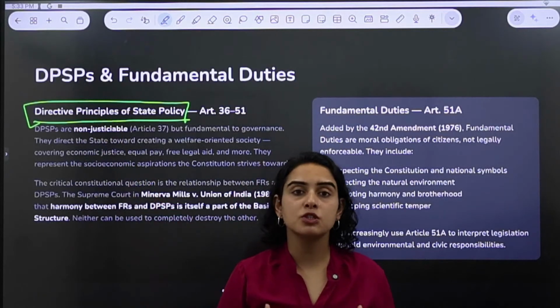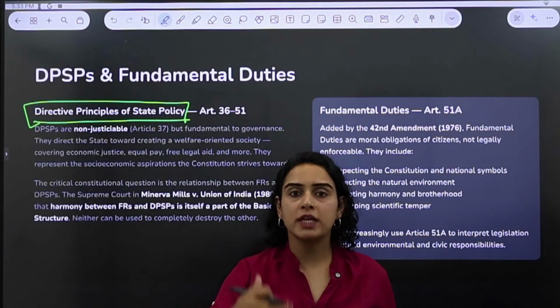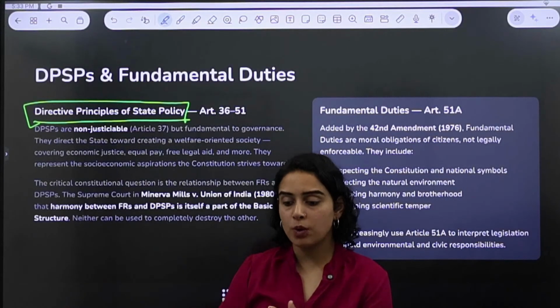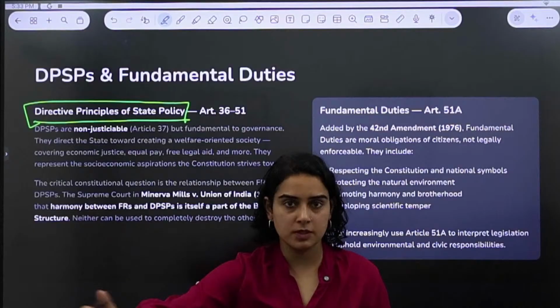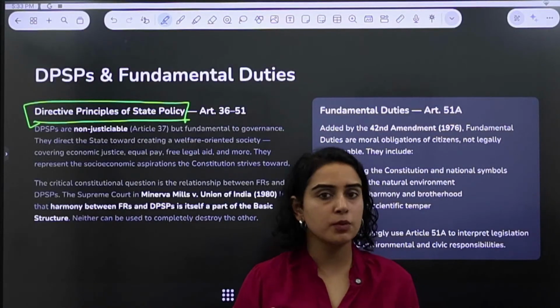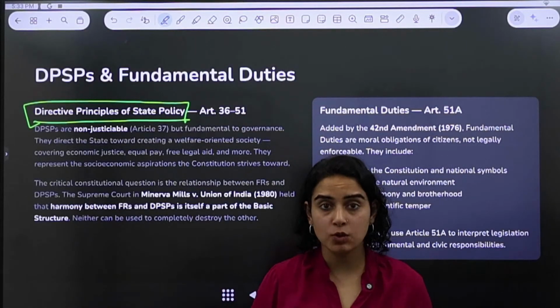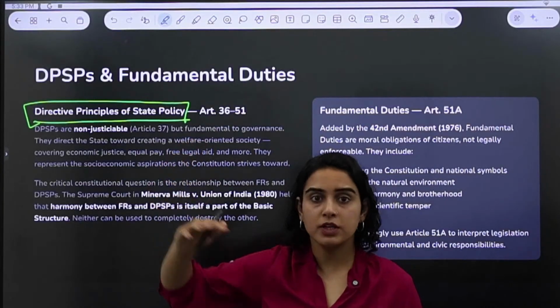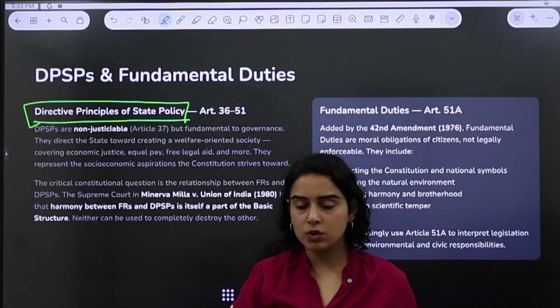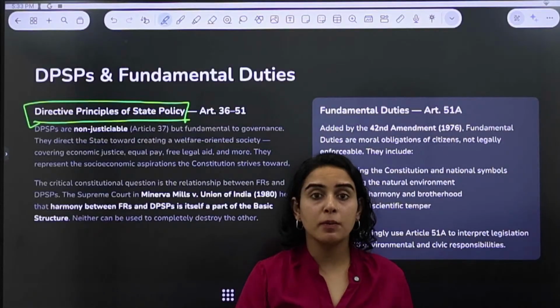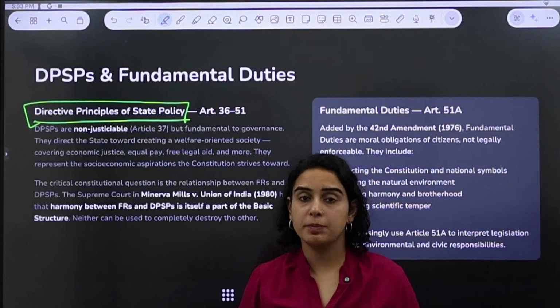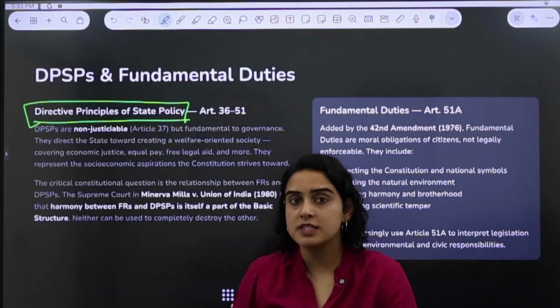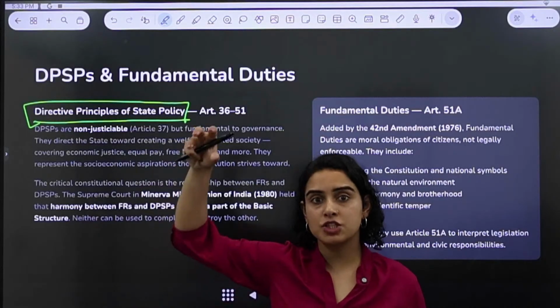The purpose here is to direct the government, to tell the government that, okay, you have to work to achieve certain goals. So now if you are a student and if you're preparing for CLAT, then you probably have a goal that you want to go to NLSIU, right? You have a goal. Now you are going to work, and probably your mentors and your teachers and your parents, they are going to give you instructions and directions so that you can achieve the goal.